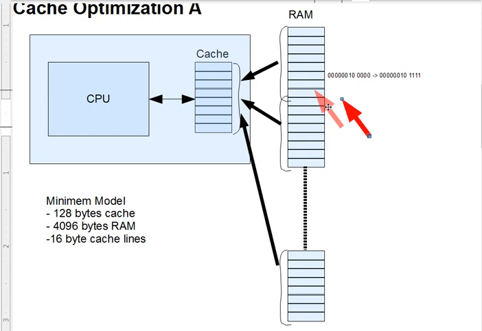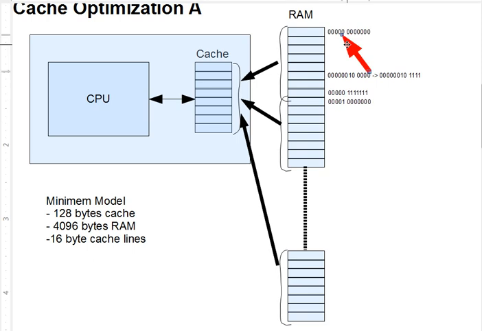So their bottom 7 bits will vary, but the top 5 will stay the same. Let's call each group of 8 cache blocks one cache's worth of RAM, a cache block group. So there's one here, and there's another one there, and so on down the line. That's an unofficial term, by the way, cache block group.